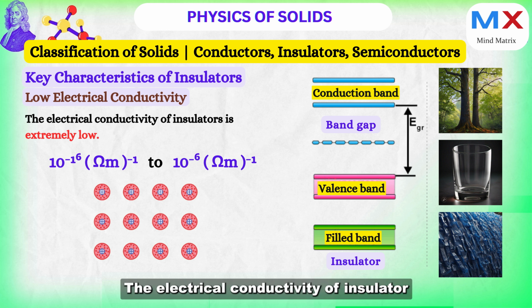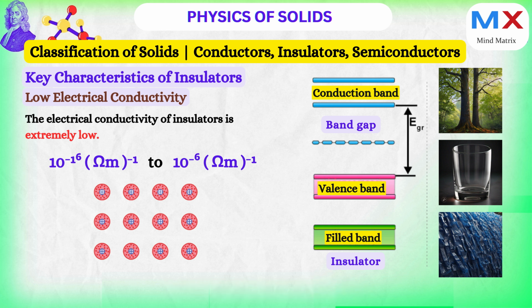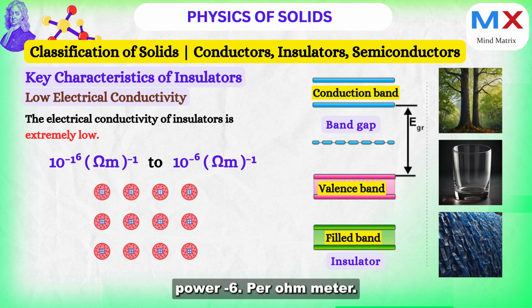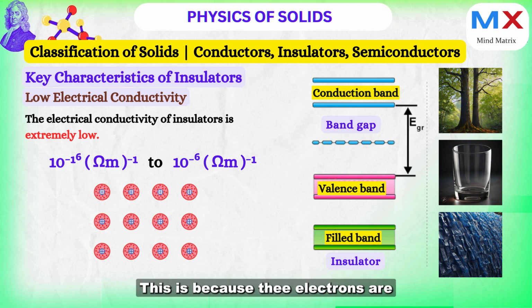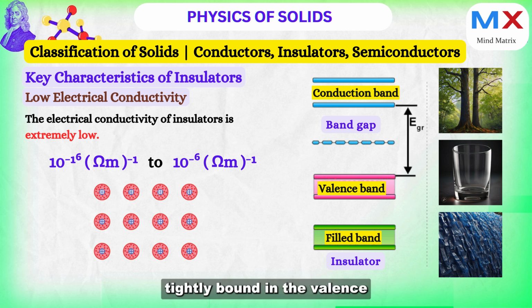The electrical conductivity of insulators is extremely low, typically in the range of 10 raised to the power minus 16 to 10 raised to the power minus 6 per ohm meter. This is because the electrons are tightly bound in the valence band and there are no free charge carriers available.